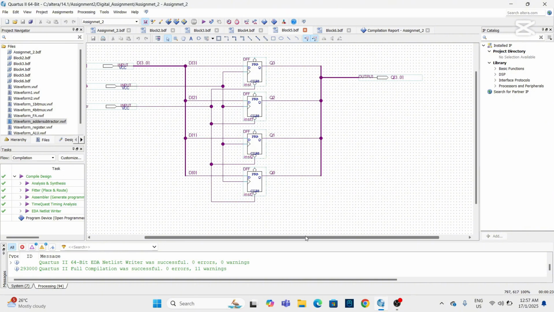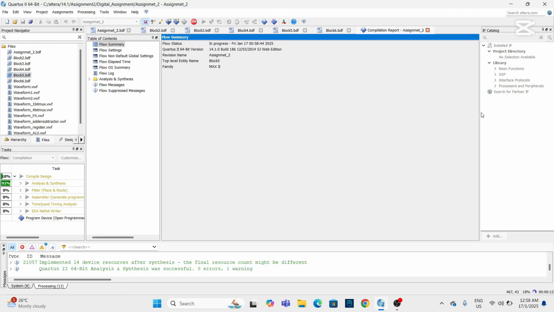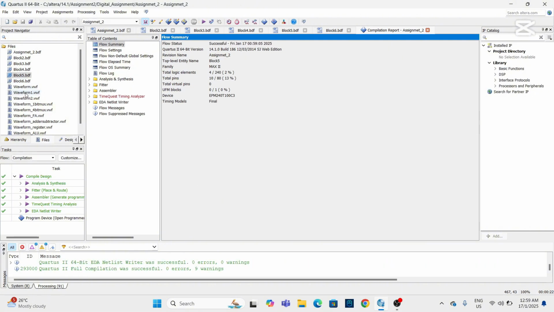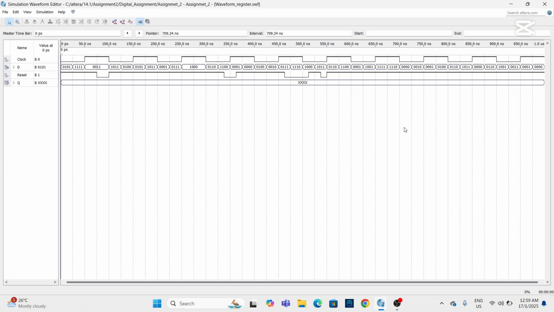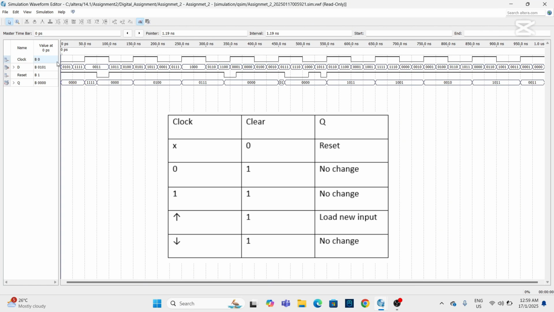So we can see this is a data register. In this register, we use the D flip-flop, which consists of a clock and also an active low reset signal. First, we will look at the clock.